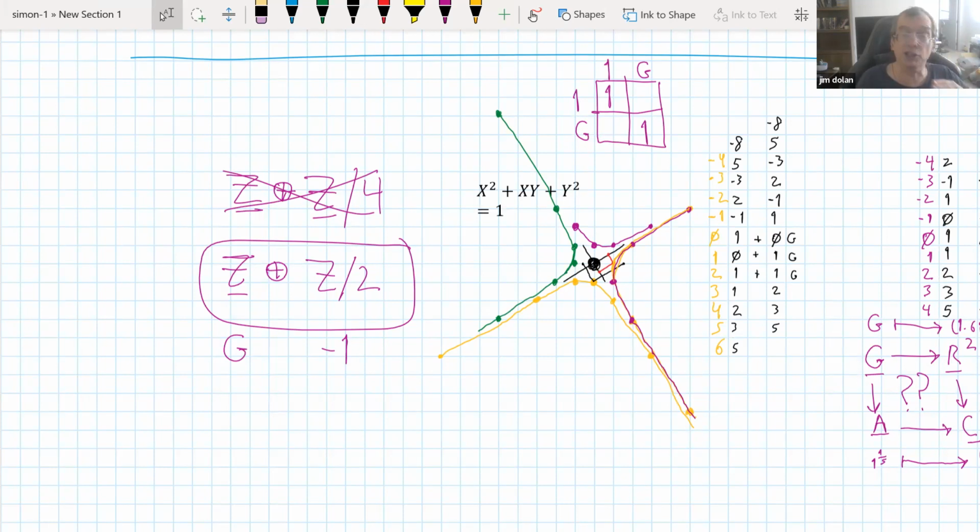If you tensor with the reals, it becomes the reals squared. But the axes for that are not the original axes of the graph paper.